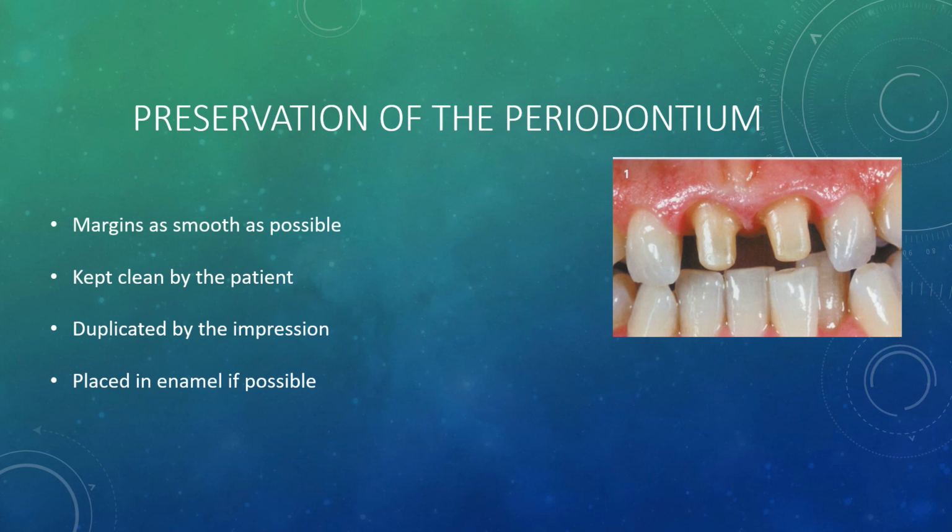Your cement material is more subject to forces, whereas your enamel is much stronger. So you need to ensure that your finish line is placed on the enamel itself. Also try and keep a supragingival finish line, especially in your posteriors where aesthetics is not of prime concern.